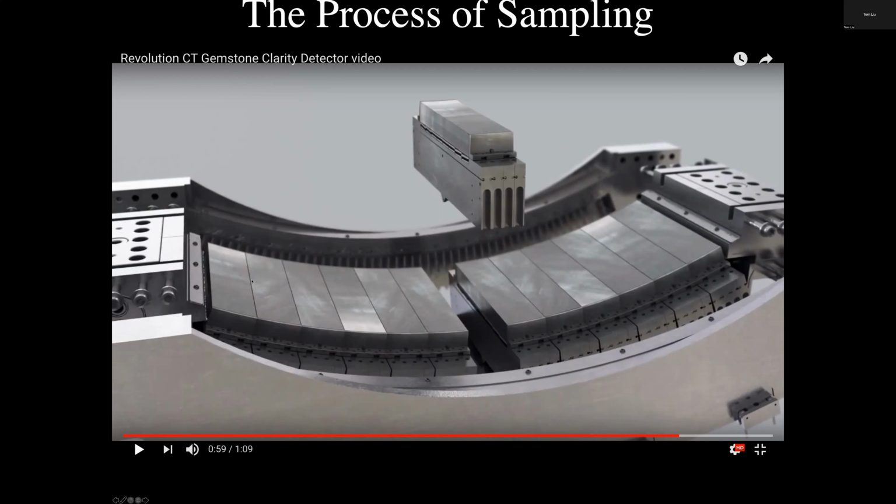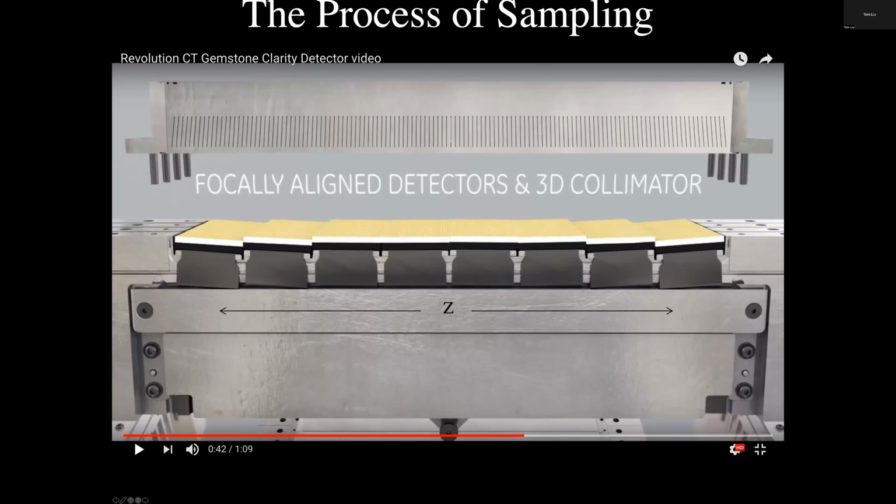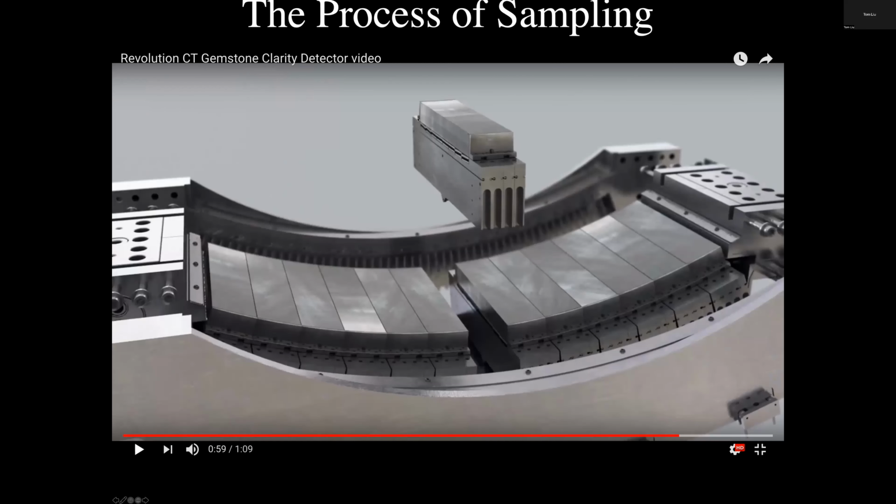Now they make these detectors such that they're modular, and they just put them together like Lego stacks and then chonk them all in as a big Lego machine, right? And inside each one of these is a set of these detector chips here. And so this is the Z direction or head to foot direction. And we're just looking at this thing here, and we're looking at it along this way, right?